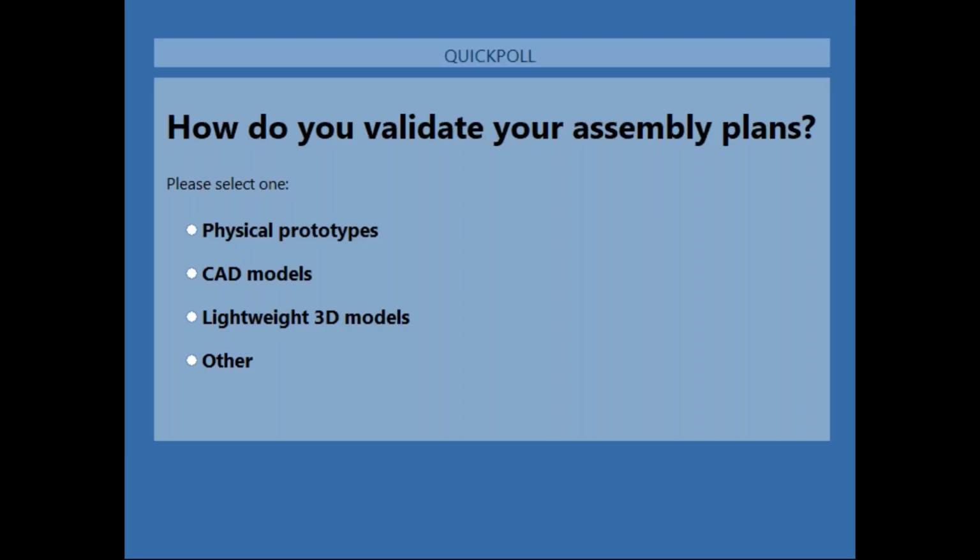And let's do one more poll. And this one is all about today. How do you validate your assembly plans currently? So I'll give people just a second. Okay, just a few more seconds here.